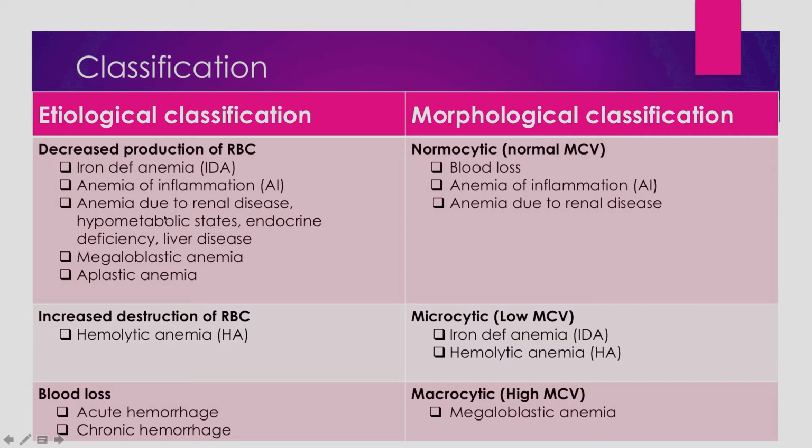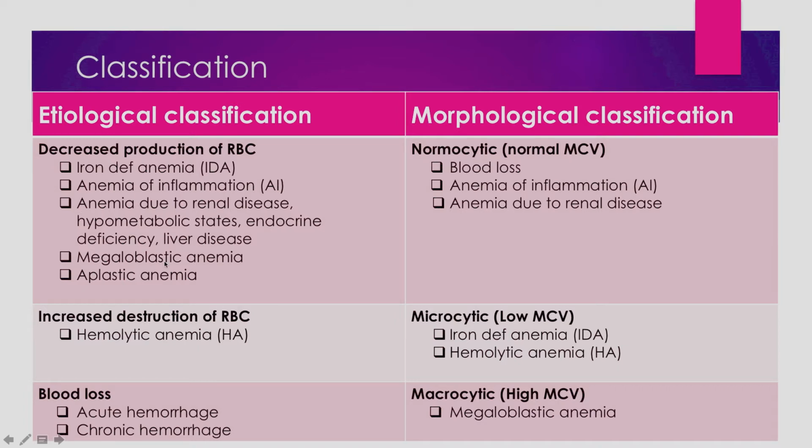Third is anemia due to other diseases, for example renal diseases, chronic kidney diseases, hypometabolic states, for example protein deficiencies, endocrine deficiencies, for example thyroid deficiencies, hypothyroidism, and liver diseases like cirrhosis, or viral hepatitis. All these liver diseases can lead to anemia.